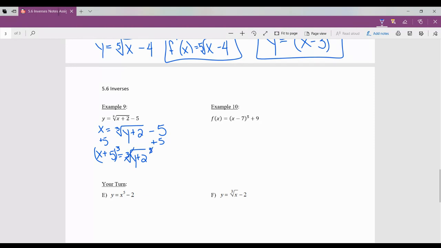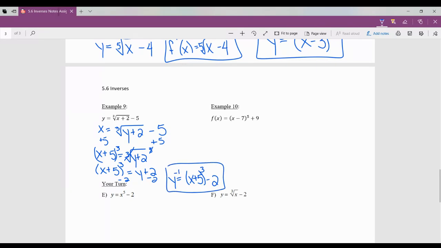So the root and the exponent cancel. So I get x plus 5 to the third equals y plus 2. Last step, minus 2. Now that happens after the exponent of 3, so that minus 2 is going to be outside of these parentheses. So my final answer is going to be y equals x plus 5 to the third minus 2, and then we note that it's the inverse by doing that little exponent of negative 1.